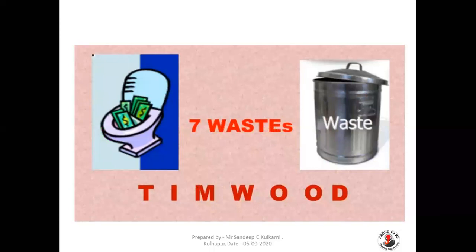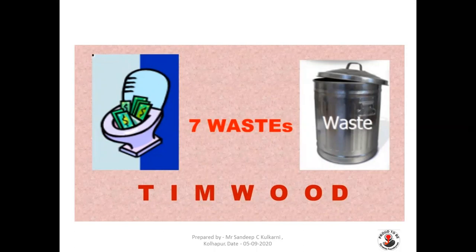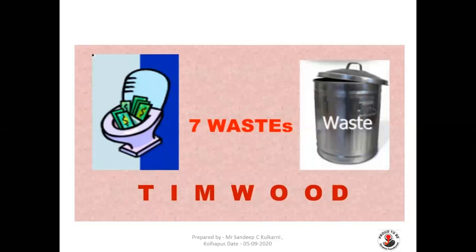But what is waste? For simplicity, we can divide waste into 7 categories, or we can identify 7 wastages. It is called as TIMWOOD. TIMWOOD is a simple short form made to remember these 7 types of wastages. So let us understand what are 7 types of wastages and what is TIMWOOD.